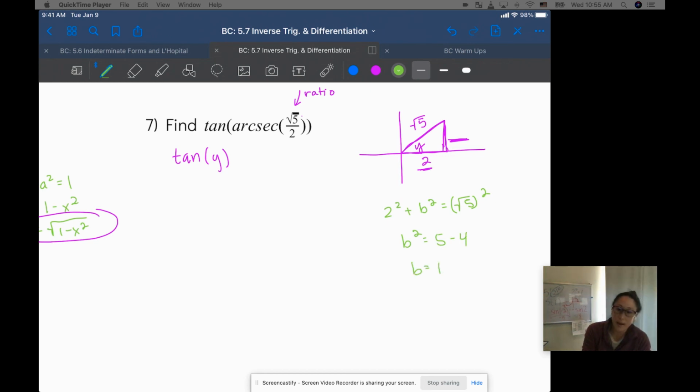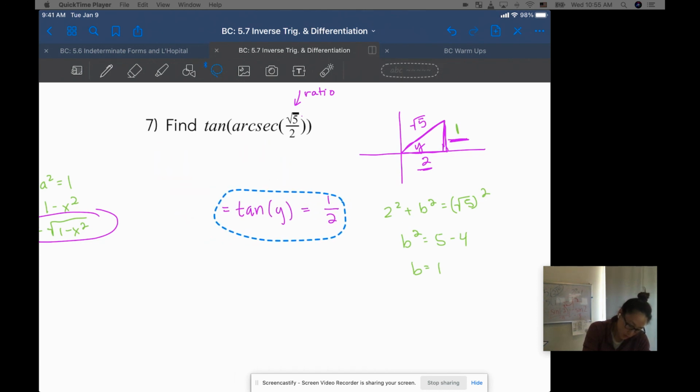So b is equal to 1. Okay, that's sweet. So now I get a tangent value of 1 over 2. Oh, which is equal to, this is all equal to the tangent of the arcsecant of root 5 over 2.